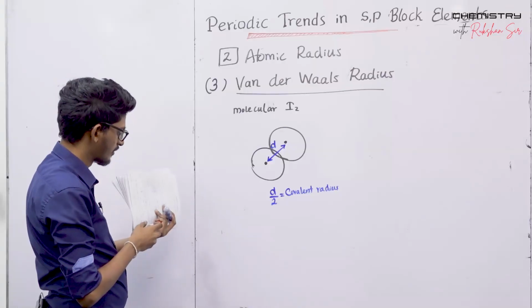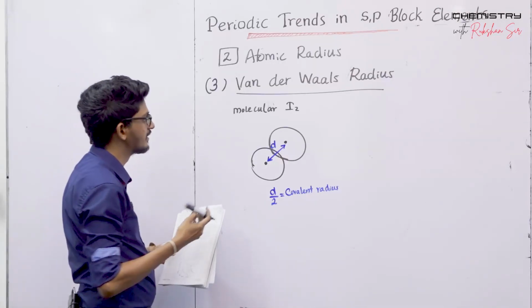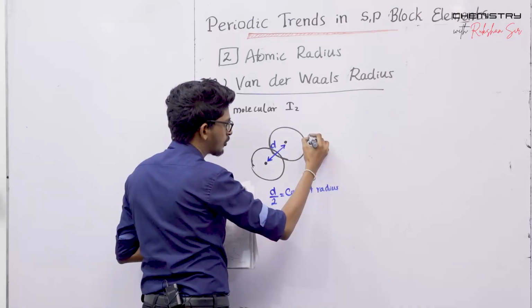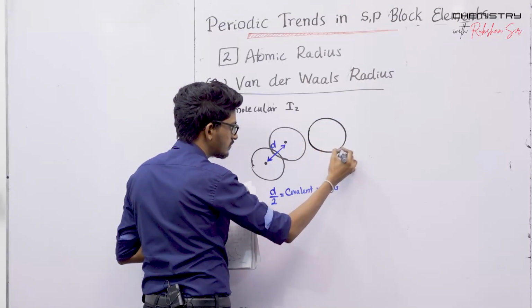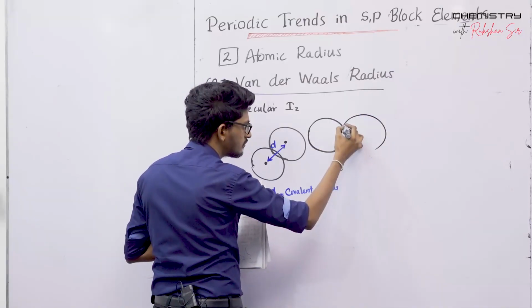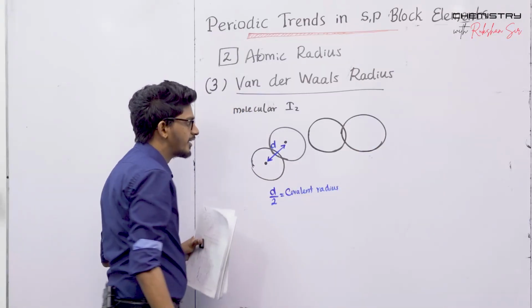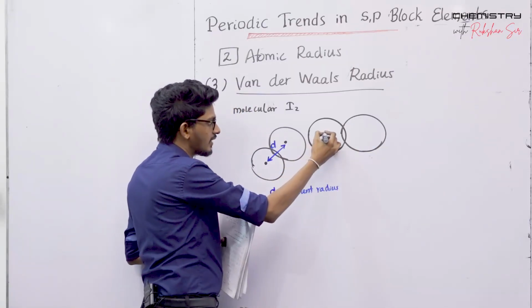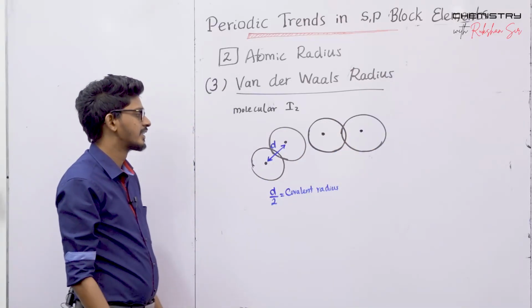So what we do is, we go for something called the Van der Waals radius. When it comes to solid I2, the I2 particles are closely connected.